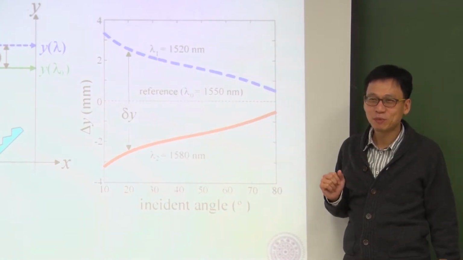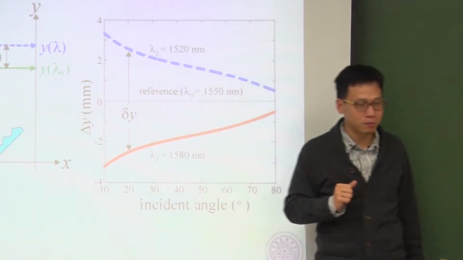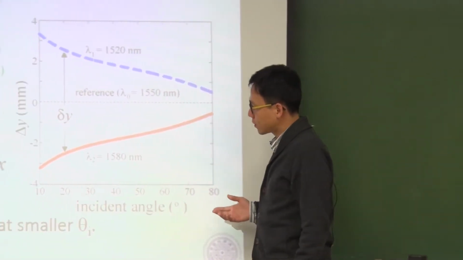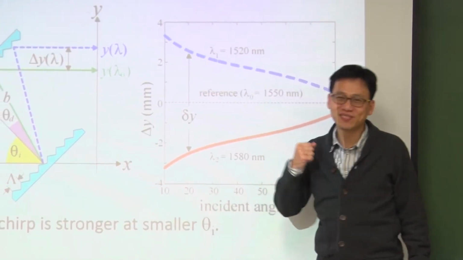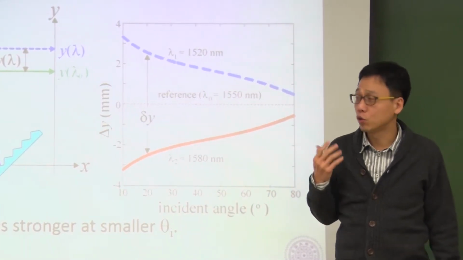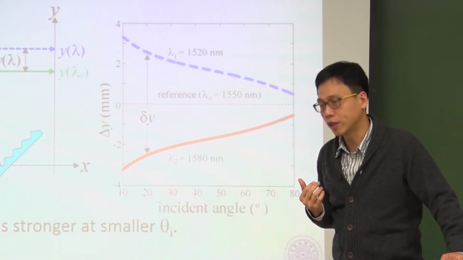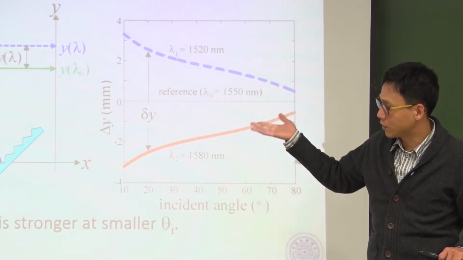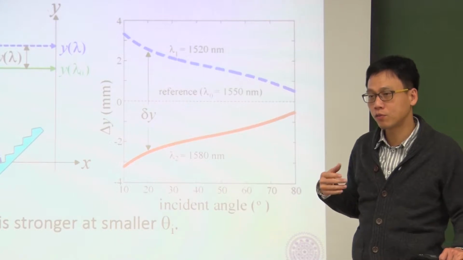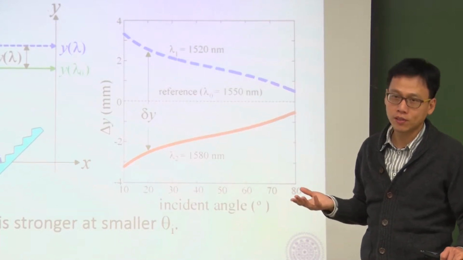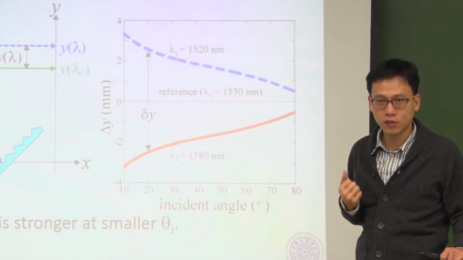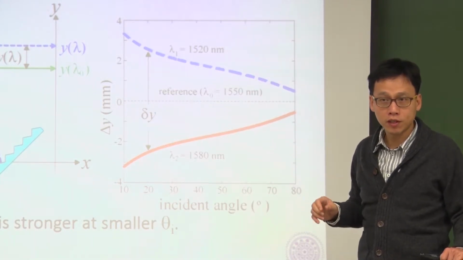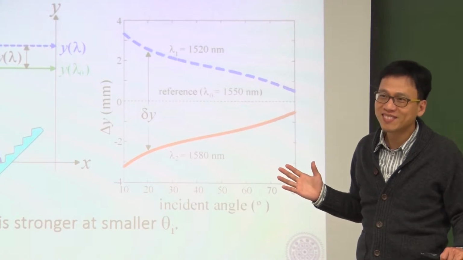Small angle, right? Okay, so the simple conclusion is spatial chirp is stronger at a smaller incidence angle. Okay? So although if you observe the grating formula, the grating pair is used for stretching or compressing the pulses. It seems that theta I is a free parameter that you can arbitrarily play with.